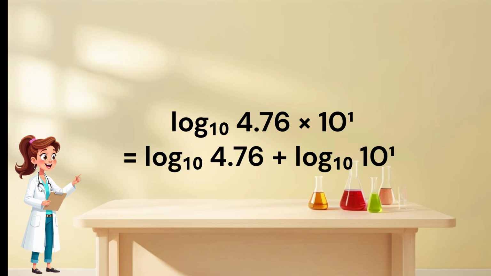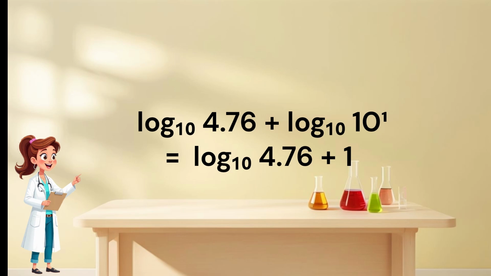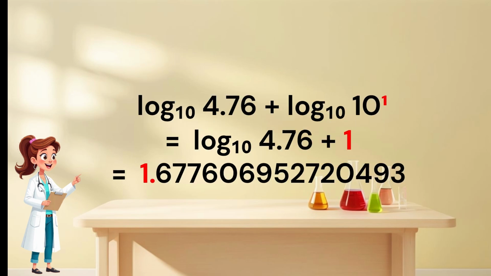Since log 10 to the 1 equals 1, we get log 47.6 equals 1 plus log 4.76. Notice something critical here. The integer part of the result, the 1, comes from the exponent of 10 in the original number. It's not affected by significant figures. It's the fractional part of the logarithmic result that must match the significant figures of the original value.